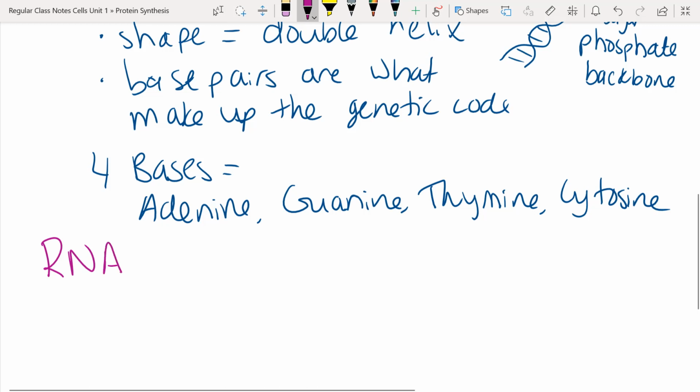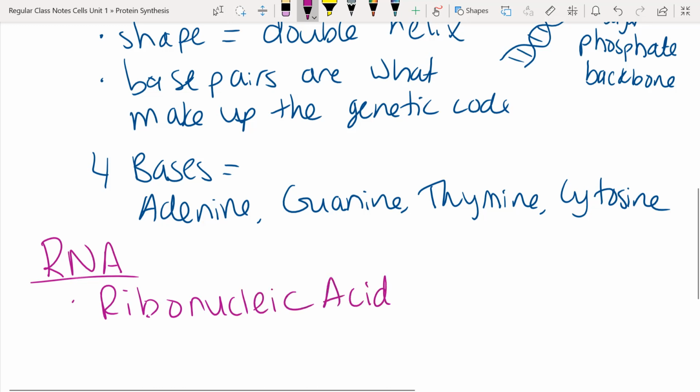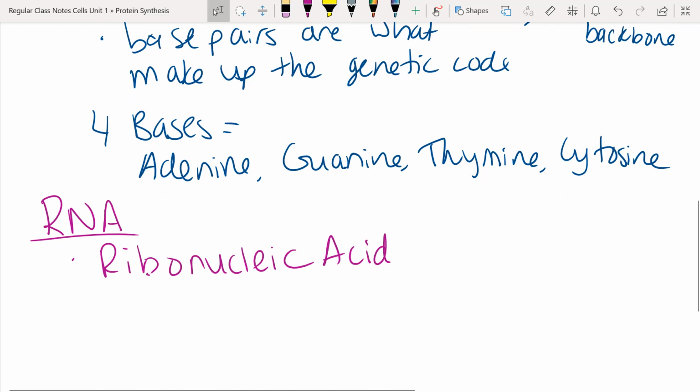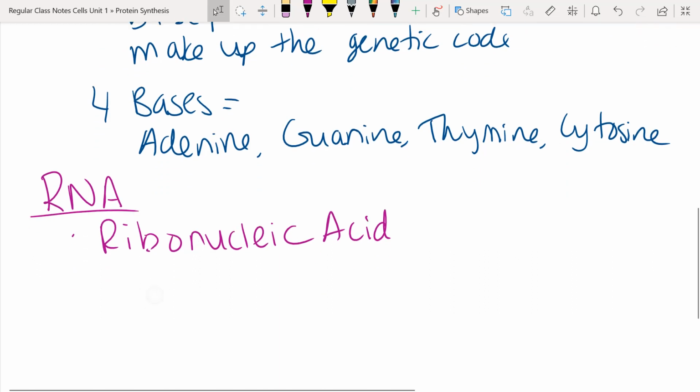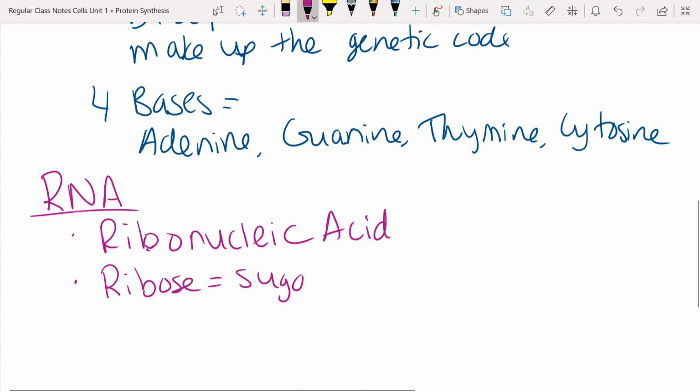So RNA actually stands for ribonucleic acid. And there are 3 different types of RNA. Now, what sets RNA different from DNA is several things. First of all, RNA is going to have the sugar ribose, which is the sugar found in RNA instead of deoxyribose.